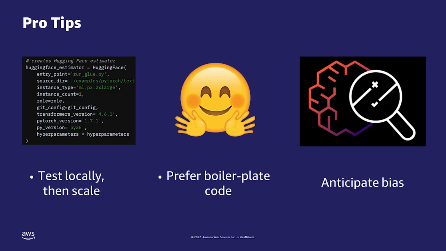Number 2, I really prefer just using the boilerplate code. It is so much simpler to point to the Hugging Face code that's already out there, all the solutions and all the models that they have. They have an incredibly active open source community, so tap into that. Ask questions on their GitHub, open issues, look at issues that they've closed.